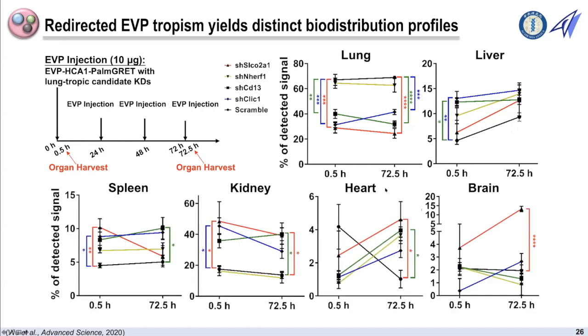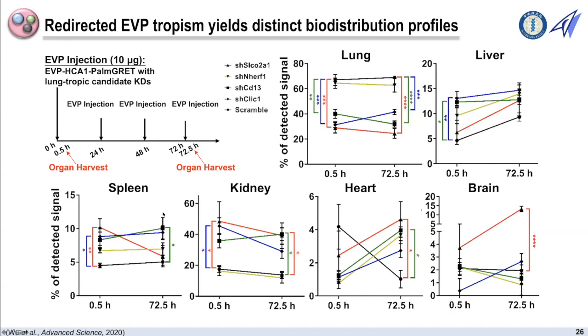And not only that, we also investigate different organ distributions. Since we previously mentioned that not only can we see the major redirected tropism in a specific target organ, we can see that each different organ has its own redirected biodistribution after the education and then the injection.